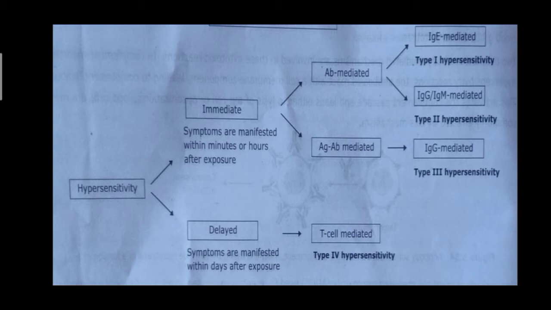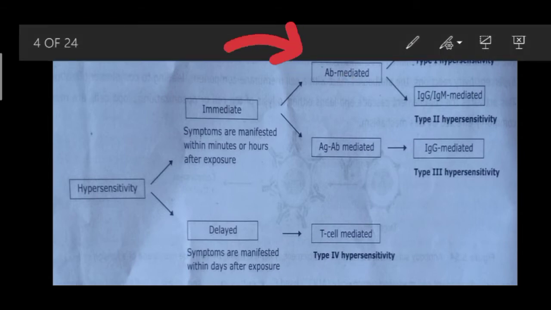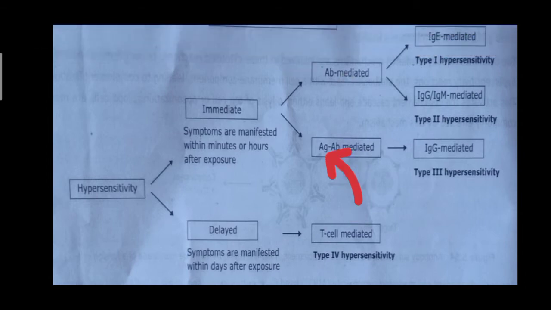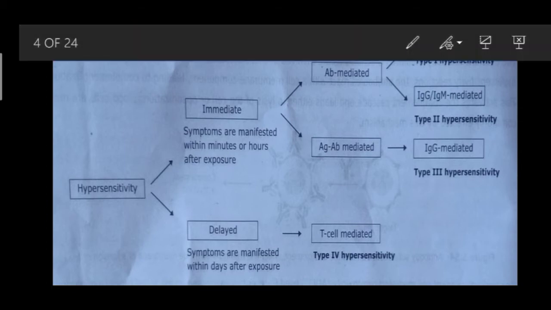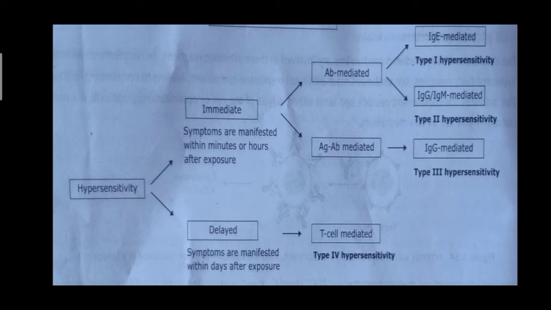Immediate sensitivity can be classified into two: one is antibody mediated, another one is antigen mediated. In antibody mediated, the immunoglobulins responsible are IgE mediated and IgG and IgM mediated.